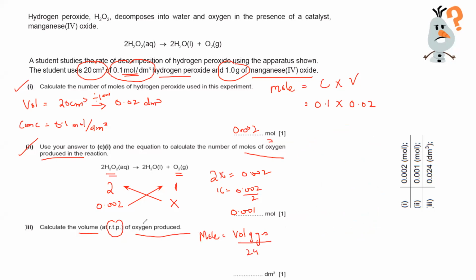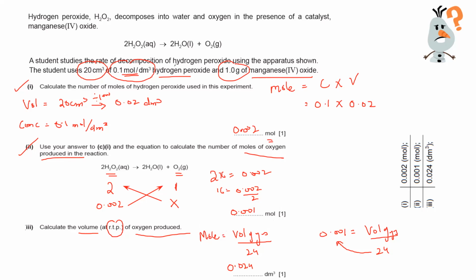I have the moles of oxygen from the previous part, which were 0.001. The volume of the gas is what I'm finding, and since it is divided by 24, it will be multiplied. So 0.001 multiplied by 24 equals 0.024 decimeter cube.